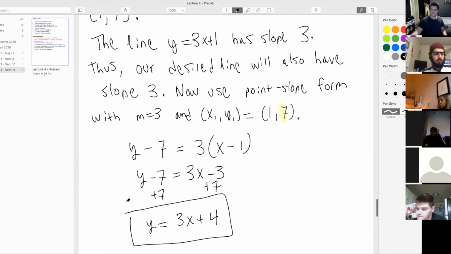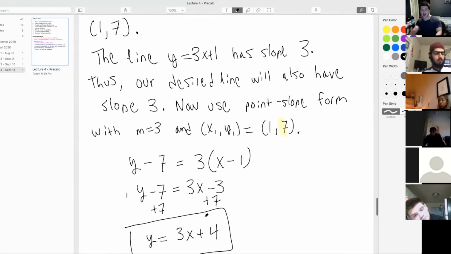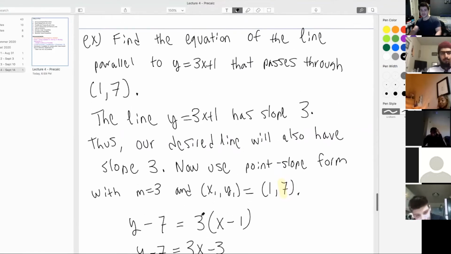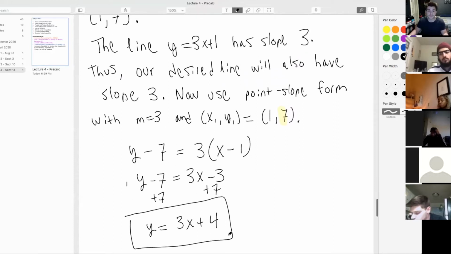Just make note that this line is definitely parallel to the line that we were given because they both have a slope of 3. So this is the correct line.